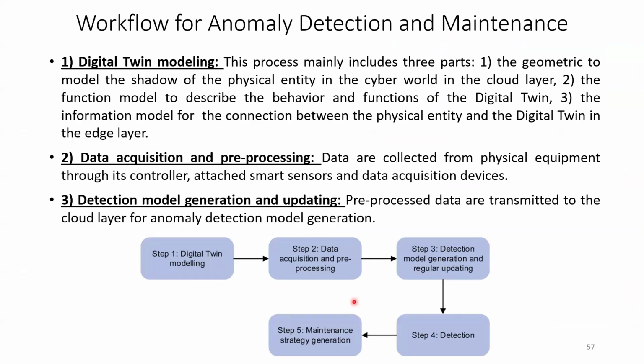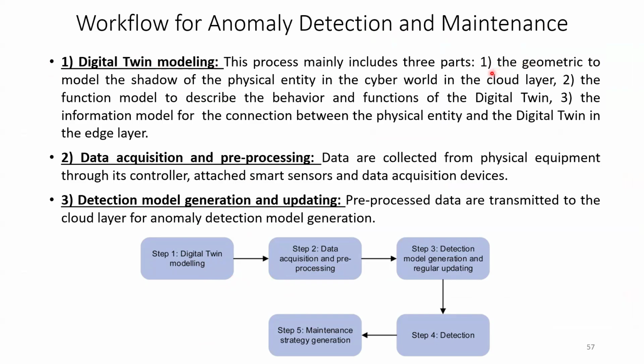Okay, now in this slide, we have a workflow for anomaly detection. It has five steps: step 1, 2, 3, 4, 5. Here we will go through each step one by one. The first step is digital twin modeling. This step involves creating a digital replica or shadow of a physical entity, and it has three key components.